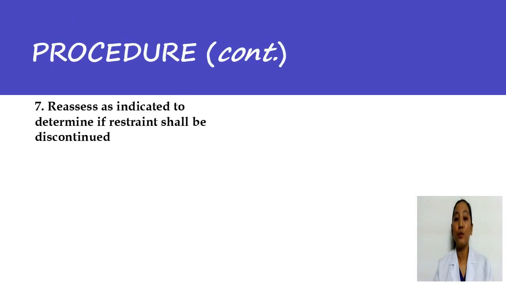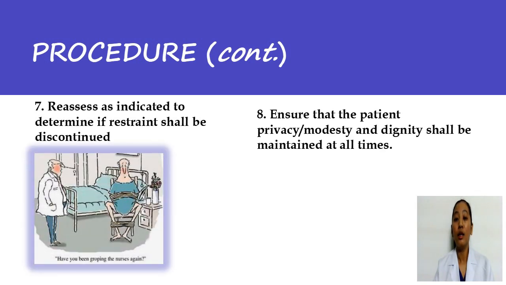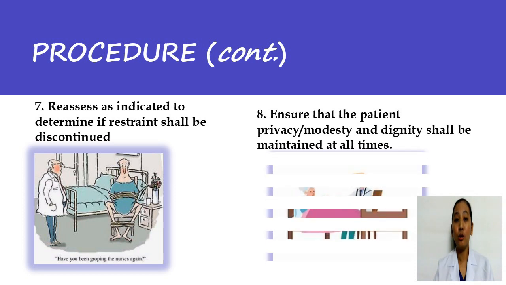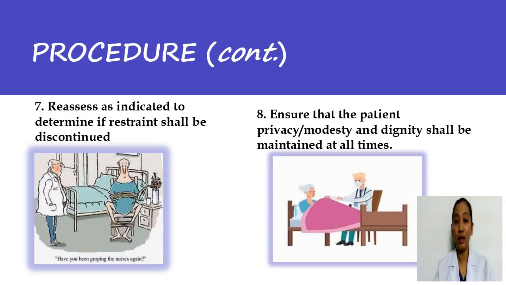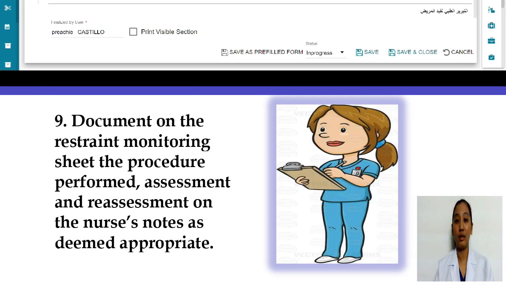Number 7, reassess as indicated to determine if restraint shall be discontinued. Number 8, ensure that the patient's privacy, modesty, and dignity are maintained at all times. And lastly, document on the restraint monitoring sheet the procedure performed, and the assessment and reassessment on the nurse's notes as deemed appropriate.